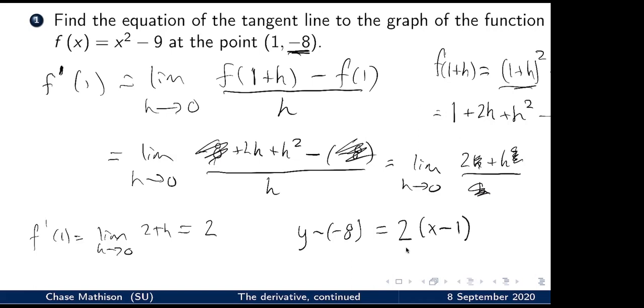You should probably change y minus negative 8 to y plus 8. That's the only simplification I want you to do. But that is a perfectly acceptable equation to tell me the line. Okay? Are there any questions about this?